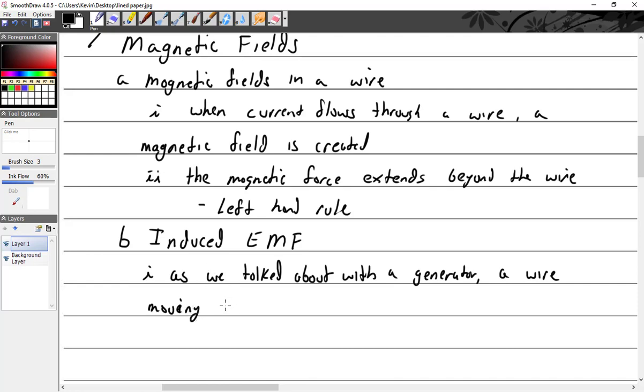Or I could say relative motion between a wire and a field. So a wire moving through a magnetic field will create or produce voltage, which is another word for EMF.